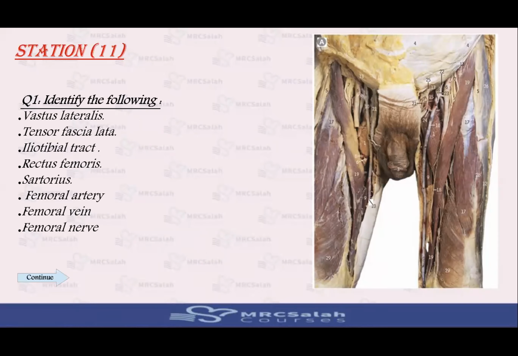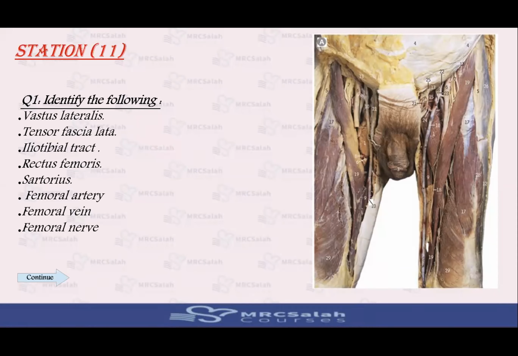I think femoral triangle boundaries. Identify two structures other than the vein in the femoral sheath. The femoral artery and vein and lymph node. Deep and superficial inguinal lymph node. Is there a nerve? No, there is no nerve, only vein and artery.